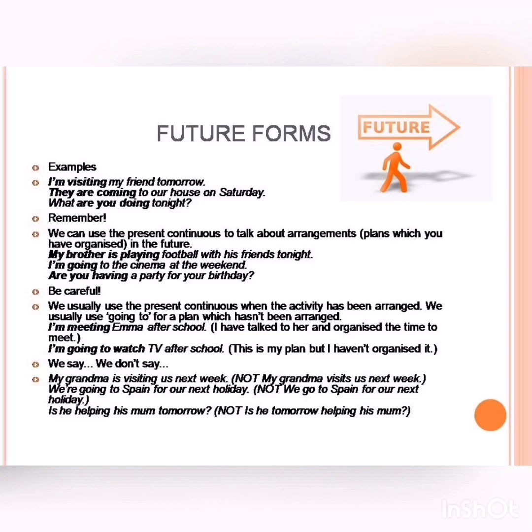The future forms. Remember, we can use the present continuous to talk about arrangements, plans which you have organized in the future. Be careful, we usually use the present continuous when the activity has been arranged. We usually use going to for a plan which hasn't been arranged. I'm meeting Emma after school.